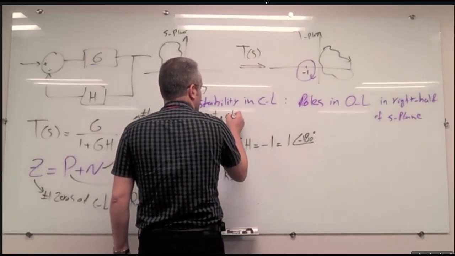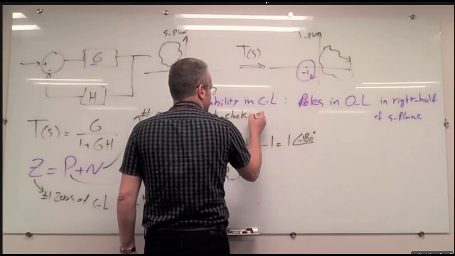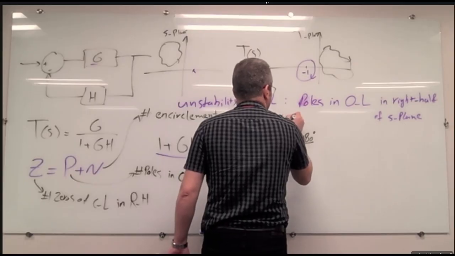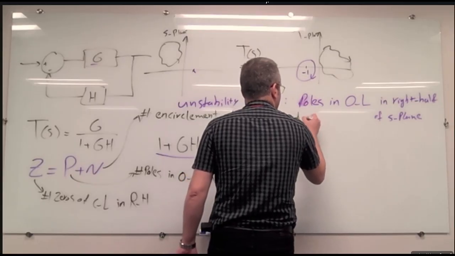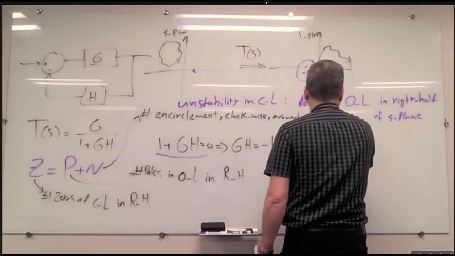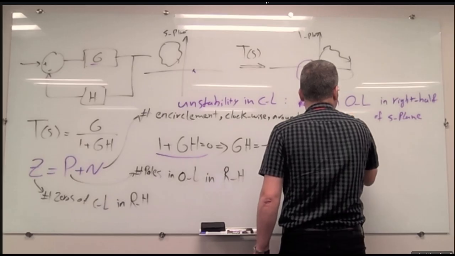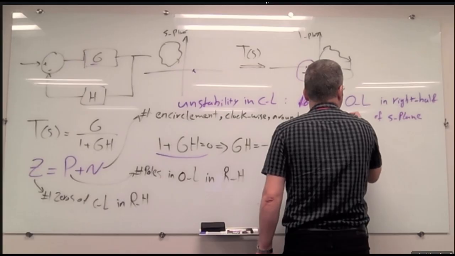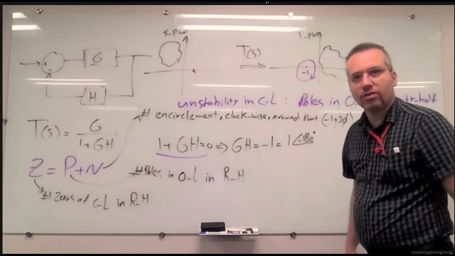Remember, it's clockwise, around the point -1 plus j0, which is that -1 on the real axis.